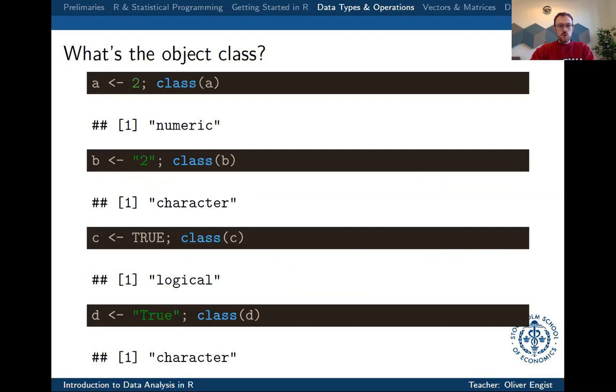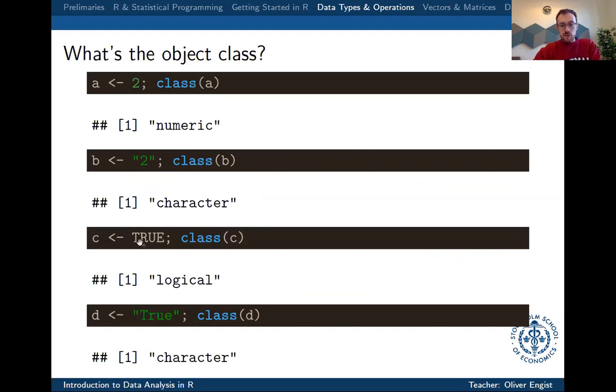So if you want to know what the class of an object is, there is a convenient function called class. So let's say we define A to be 2. We call class on the object A. It will tell us that this is a numeric. If we store B as 2, but we use quotation marks, this will be stored as a character. So generally, quotation marks tell R that this is supposed to be read as a string variable.